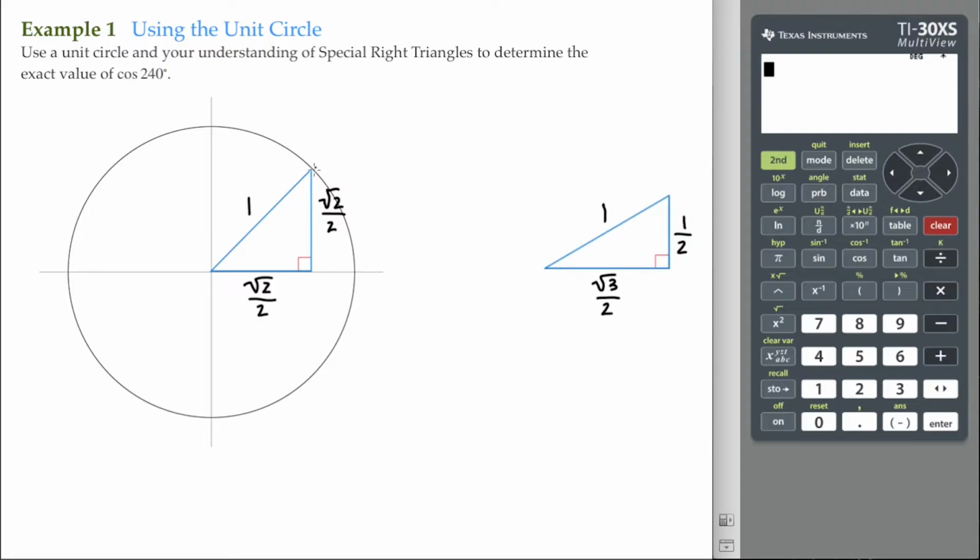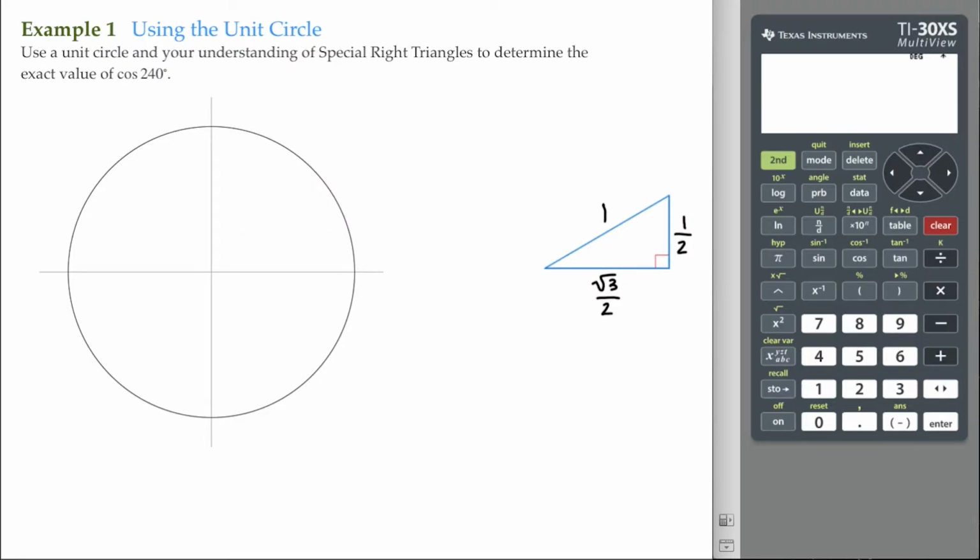Then this point right here that sits on the circle, the x-coordinate comes over this far. And how far is that? Well, that comes over root 2 over 2. And then the y-coordinate comes up here. That's also root 2 over 2. So the ordered pair for this point, using our special right triangles to determine it, would be root 2 over 2 and root 2 over 2.